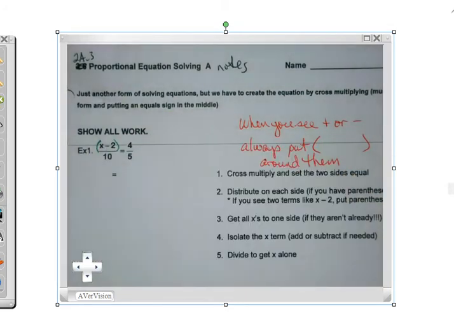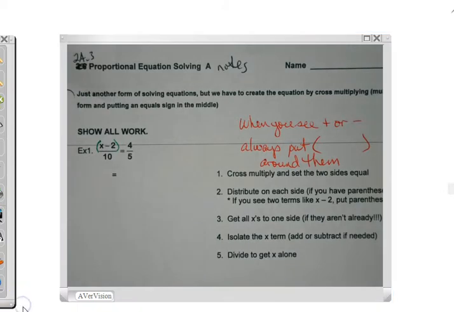So anywhere on the front of this page right now where you see a plus or a minus with something that's going on, you need to go ahead and get that in there at cross multiplying here with parentheses.